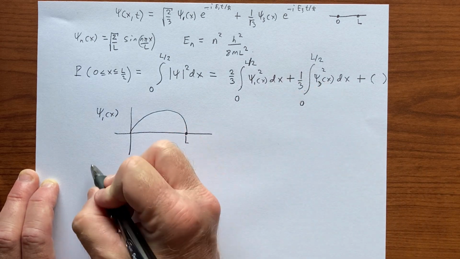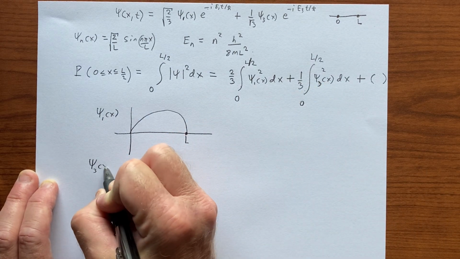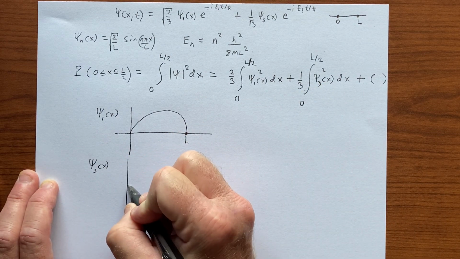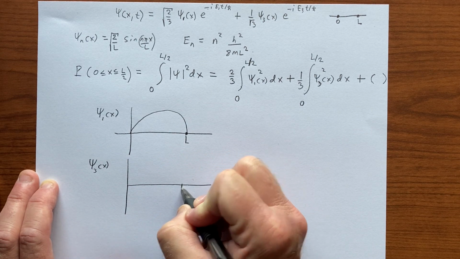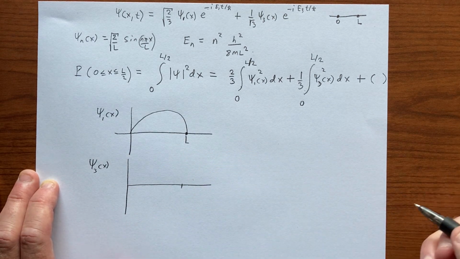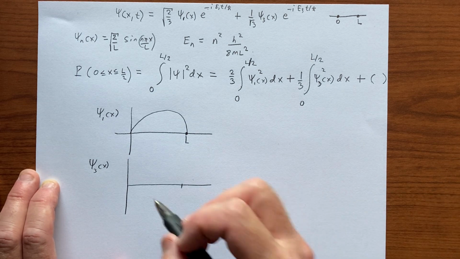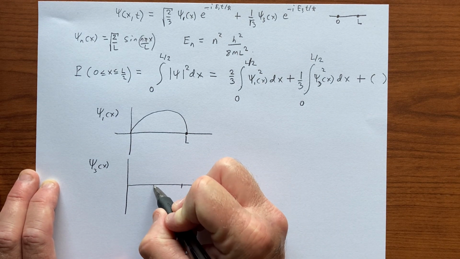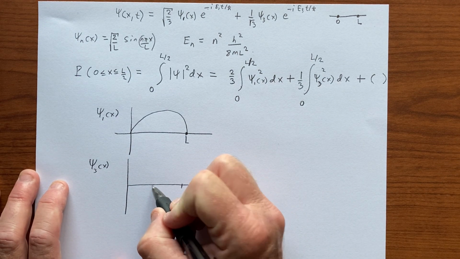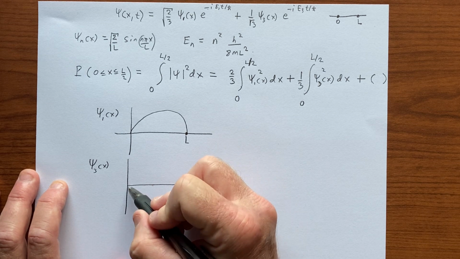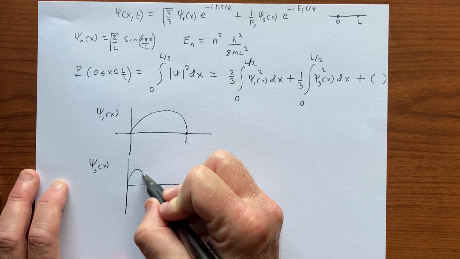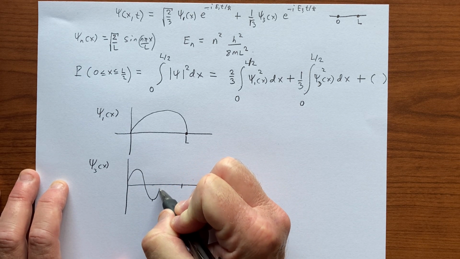And psi 3 of x instead looks like, at L over 2, we are here. And so we do something like this.